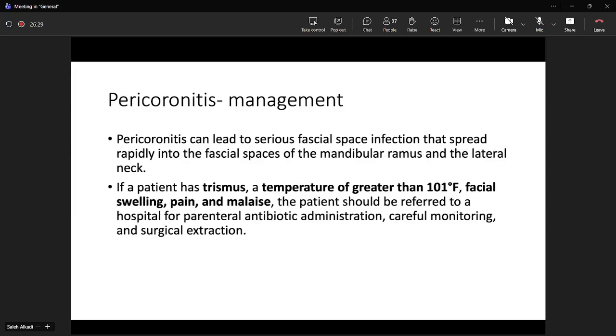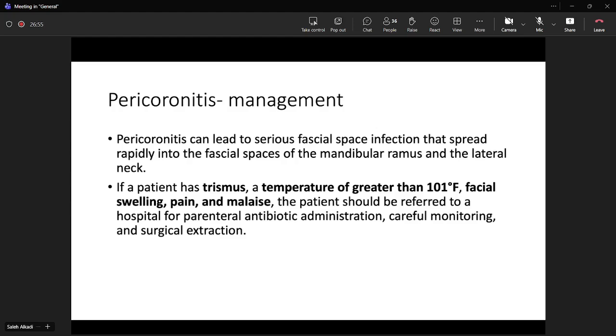You need to know that pericoronitis may lead to serious facial space infection, and this infection may spread rapidly into the facial spaces around the mandibular ramus and deeply in the neck. So in this case, you are dealing with facial space infection, and the signs will be trismus.